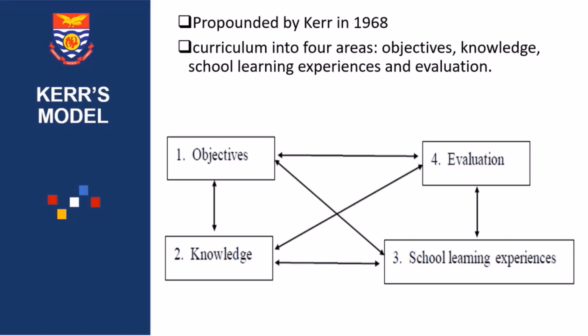And you can see critically how the components are interrelated. So you see the connection between them as shown in the diagram. The components are not separate, they are not individual, but they are what? Interrelated. So it just built on the loopholes in Tyler's model to come out with this particular model.